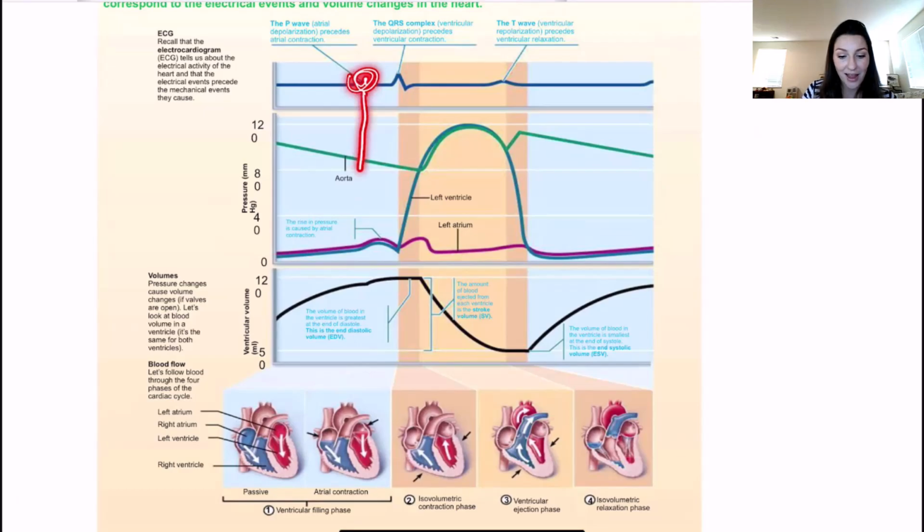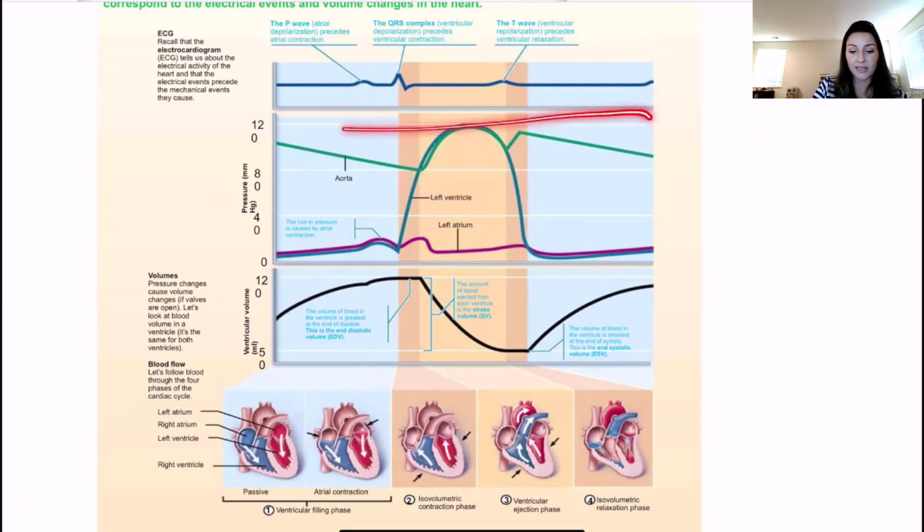And look, atrial contraction. That's exciting. Atrial systole, that rise in pressure, okay? Anytime we see electrical activity on our ECG, we'd expect a delay of milliseconds, and then we would expect that mechanical activity to happen, okay?